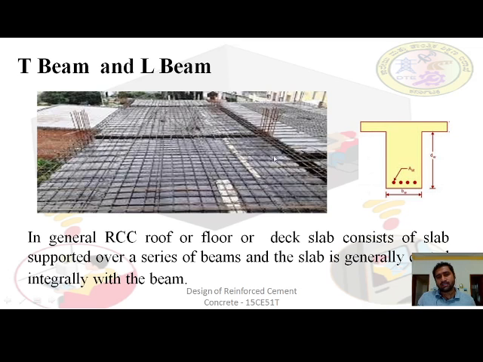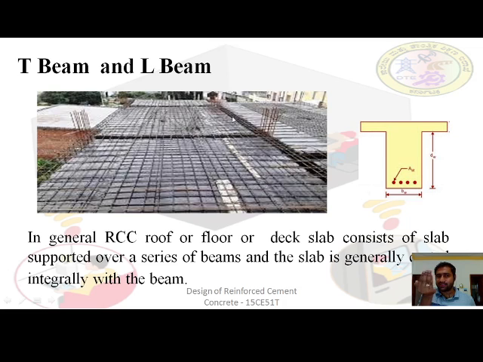The second point is that the slab should be at the top level of the beam. See here in the T-beam, the slab is at the top level of the beam. Only when the slab is at the top level of the beam will there be a T-beam action. Because this beam will be sagging at the center, but the slab will be creating a hogging moment.